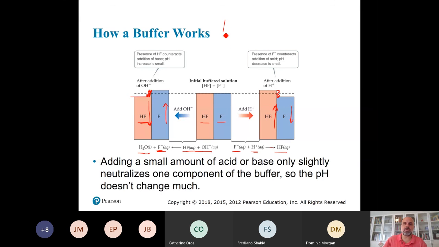Our HF is in equilibrium with H plus and F minus. So all we're doing is shifting the equilibrium back and forth from the left to the right. Because these changes are so small, the change in proton concentration is always very small, which allows us to keep our pH nearly identical to where we started. So that's essentially how a buffer solution is working.